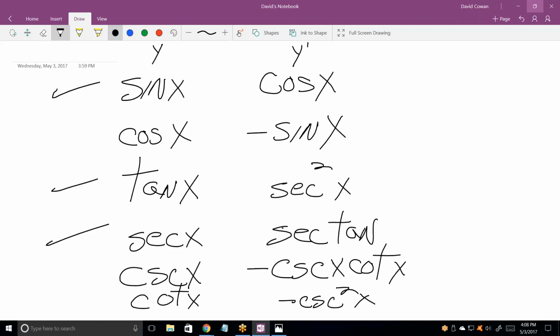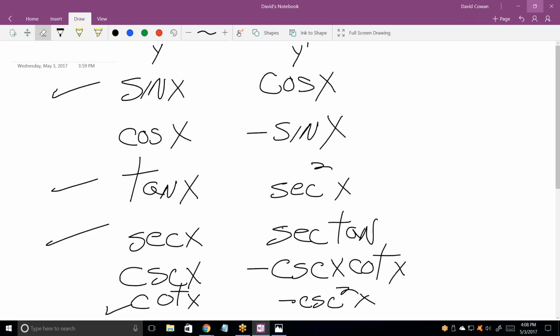Let's take tangent. If you know the derivative of tangent is secant squared, well then you know that the derivative of its cofunction, which is cotangent, has to be, first of all, negative, and then it's the cofunction of secant squared, so it's cosecant squared.